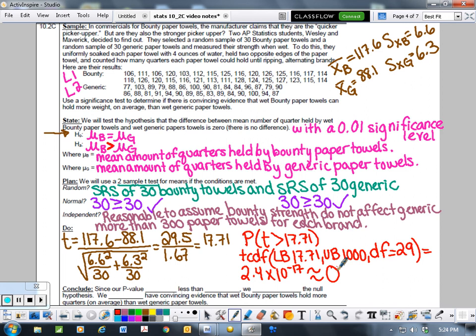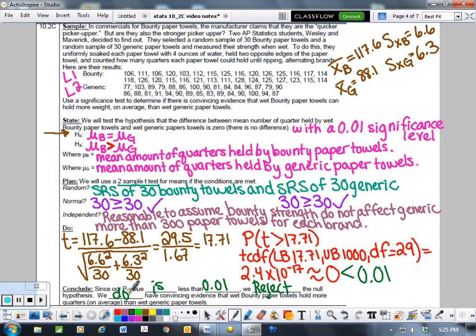So this is definitely less than 0.01. So since our p-value is less than 0.01, we reject our null hypothesis, and we do have convincing evidence that wet Bounty paper towels hold more quarters on average than wet generic paper towels. So we have evidence that they are the stronger picker-upper.